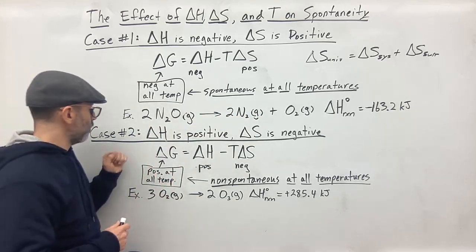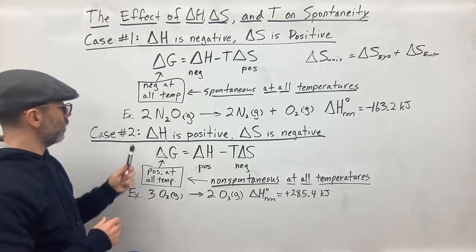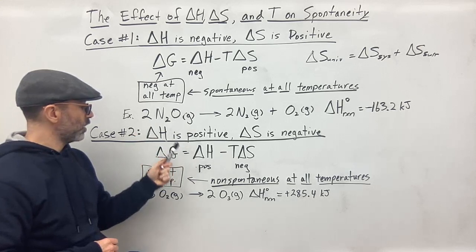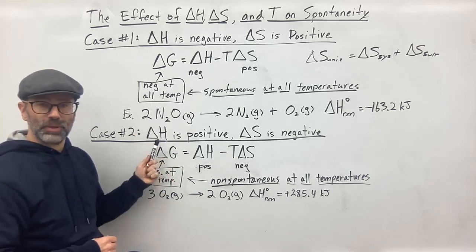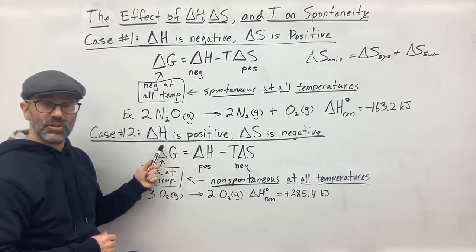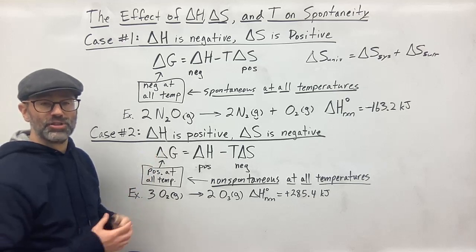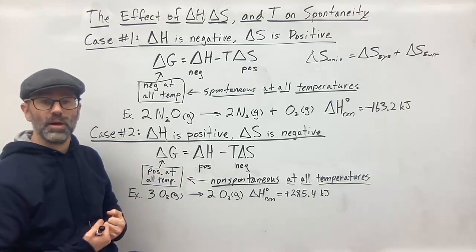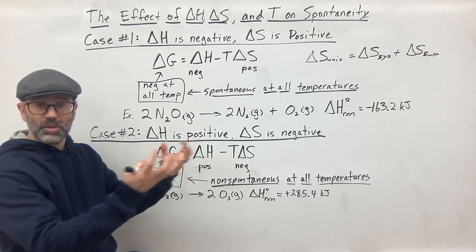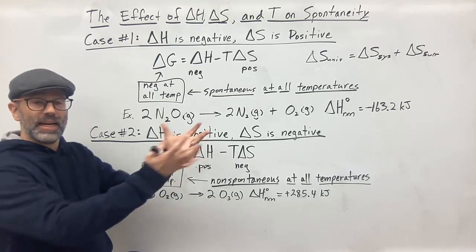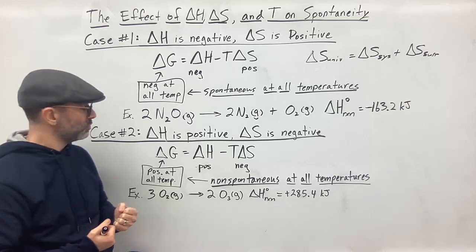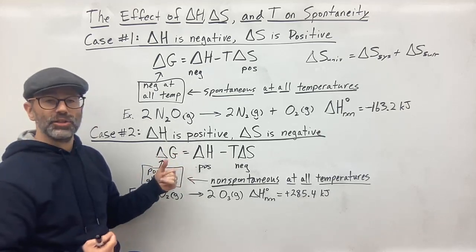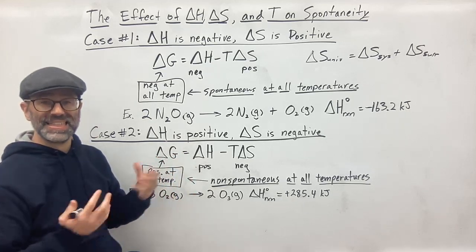All right, what about case number 2? Case number 2 is where we have a delta H that is positive, so the change in enthalpy of the reaction is positive, meaning it's increasing in energy, which means it's endothermic. It's pulling in energy from the surroundings, and what that means is that the surroundings is going to have less entropy.